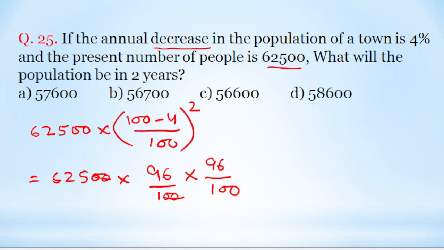Again, when 625 is divided by 25, it becomes 25, and when 100 is divided by 25, it becomes 4. Now when 96 is divided by this 4, it becomes 24. So after multiplication, we are getting 57,600. So here option A is the right answer.